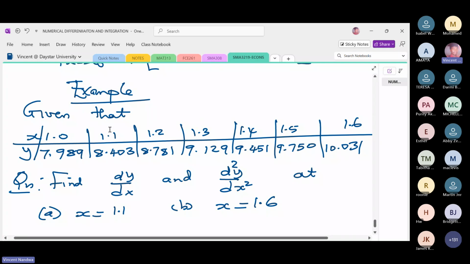So when the values of x are equally spaced, then Newton forward or Newton backward or Stirling or Bessel formulas will be applied. And because of the equal distance between consecutive values of x, we require finite differences.